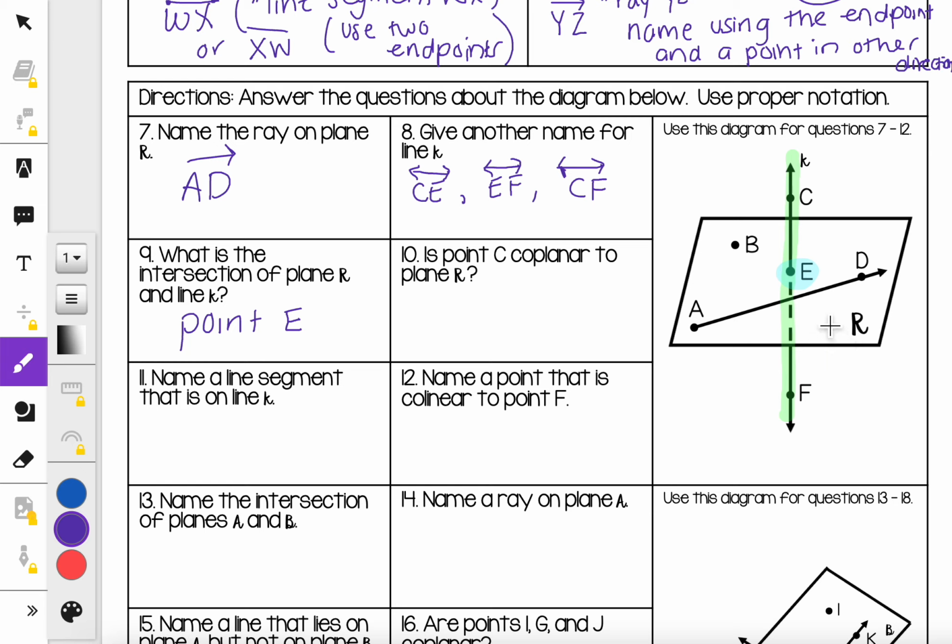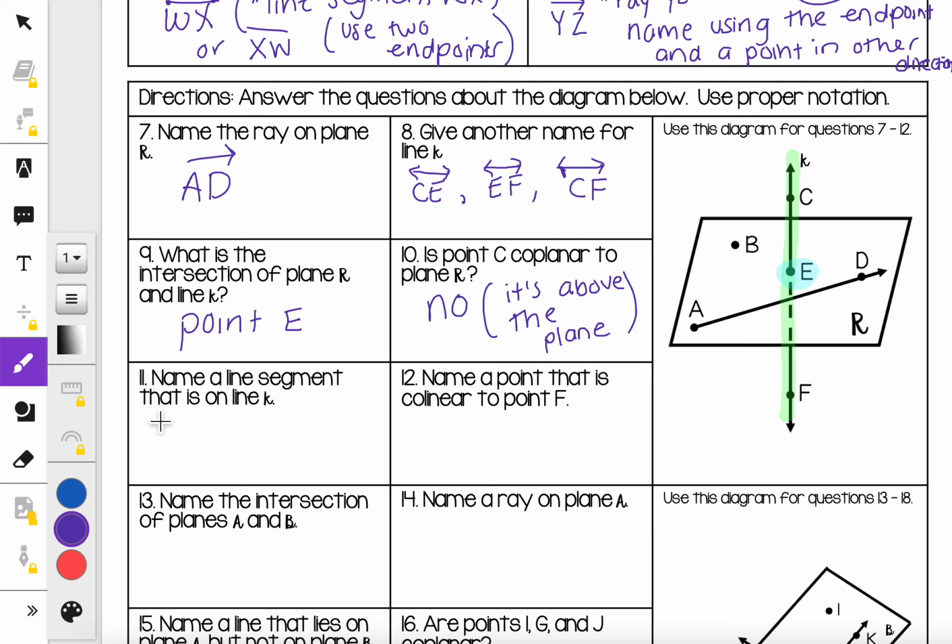It is not on the same plane as plane R. All right, so we would say no here. Okay, and just in case we need a little reminder, it is above the plane. Sometimes it's a little bit hard when you're looking at these diagrams on paper to imagine what they look like in a 3D space.